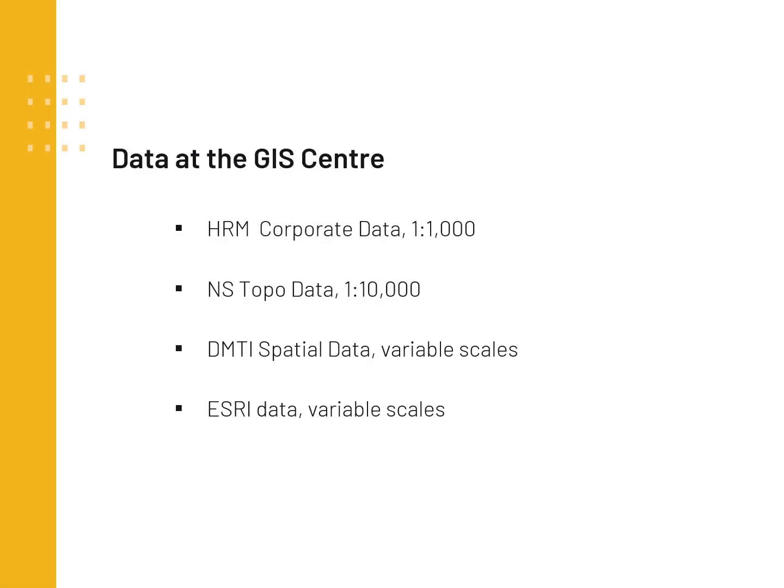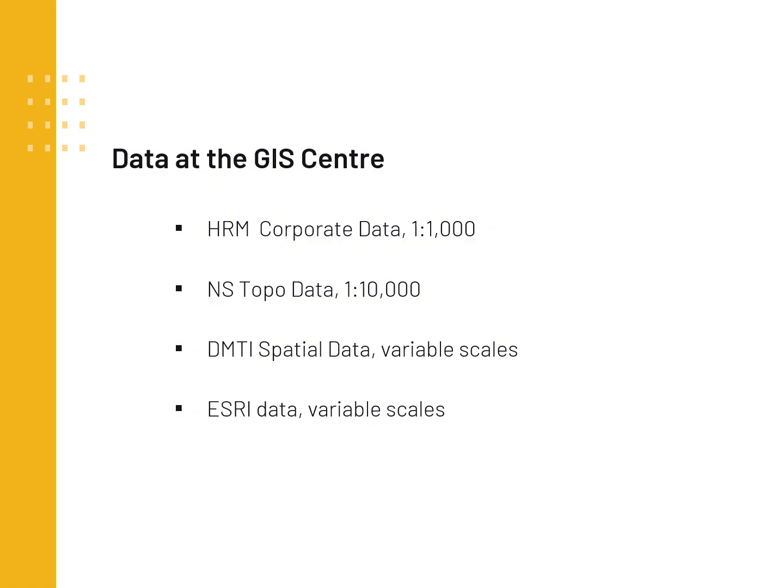So, what data do we have in the GIS Centre? The most commonly requested data is the HRM topographic data. So this is a scale that's as fine as 1 to 1000. We have the Nova Scotia topographic data. That's at a scale of 1 to 10,000. And just to be clear, that's the best scale data that we have that covers the entire province.